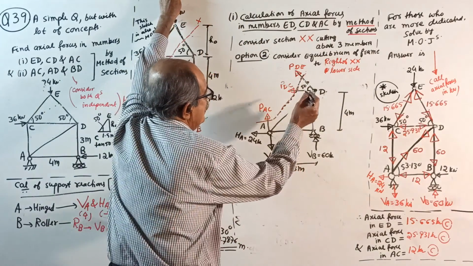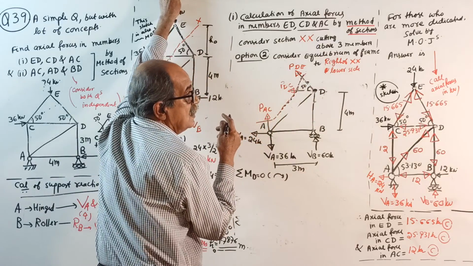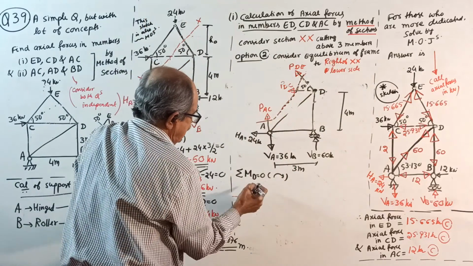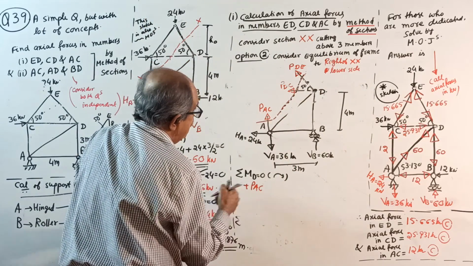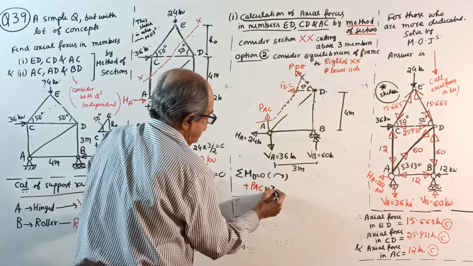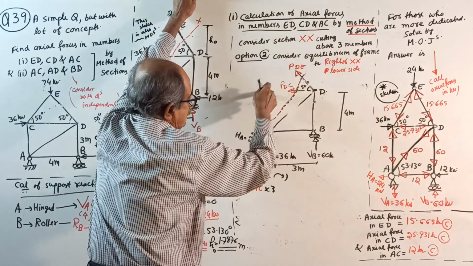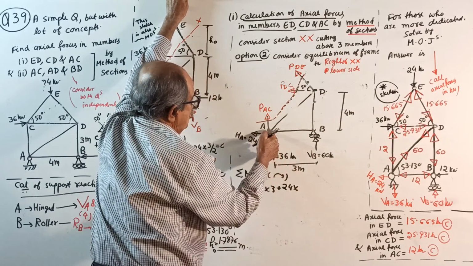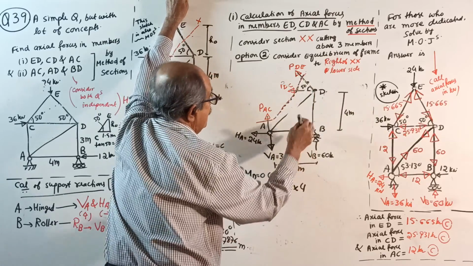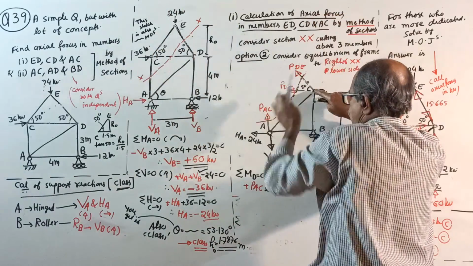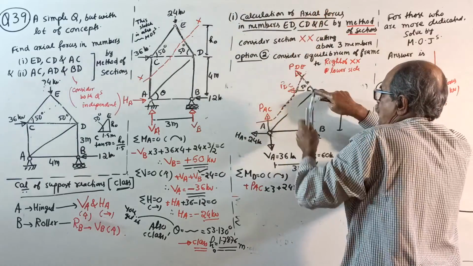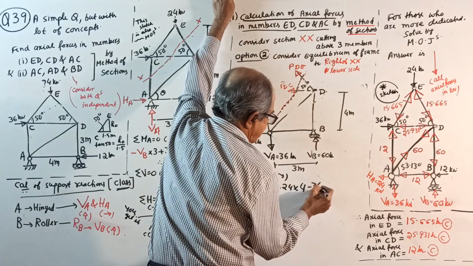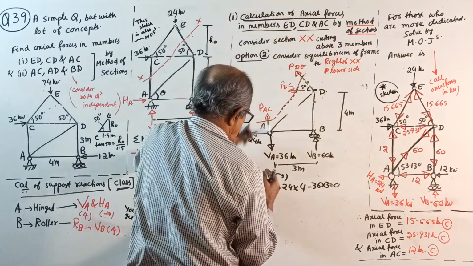Therefore you get plus PAC into 3 plus 24 into 4 minus 36 into 3 equal to 0.